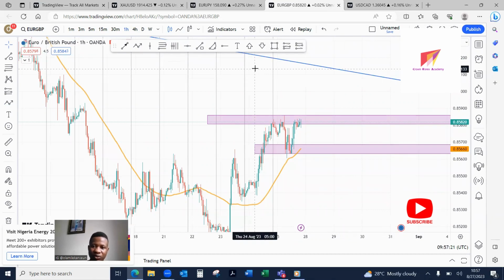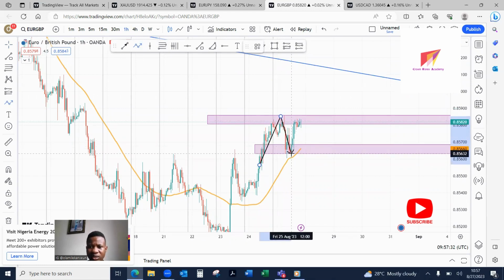A structure must be created. We are already in a downtrend, and a structure has already created itself. This already is structure.